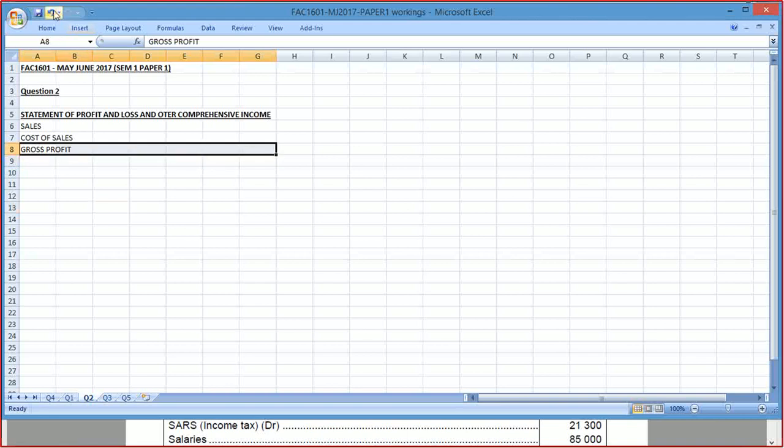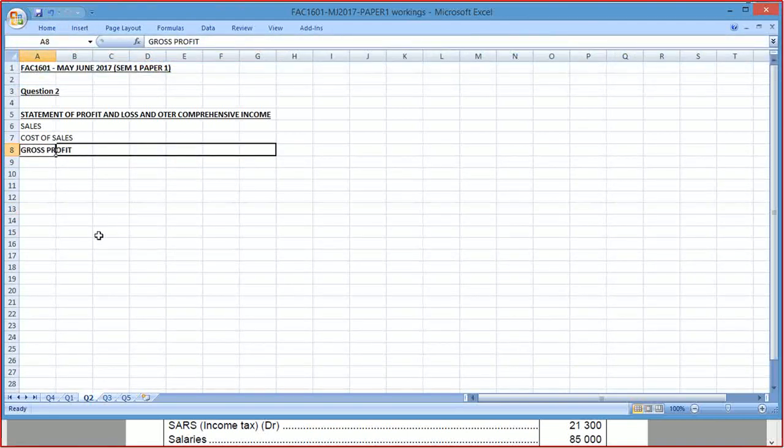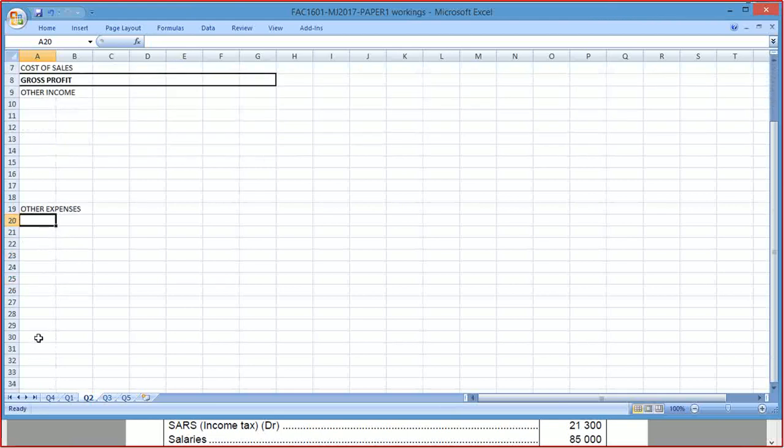Okay, great. So gross profit is what we've got before we have other income and expenses. And then we'll have other expenses as well. And then we'll have profit before tax because this is a CC.